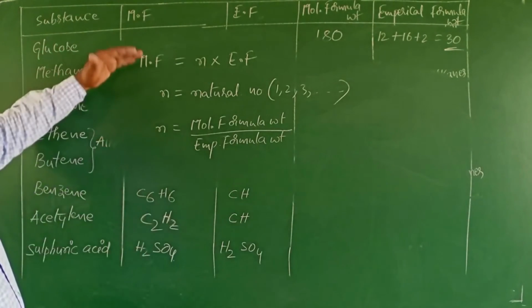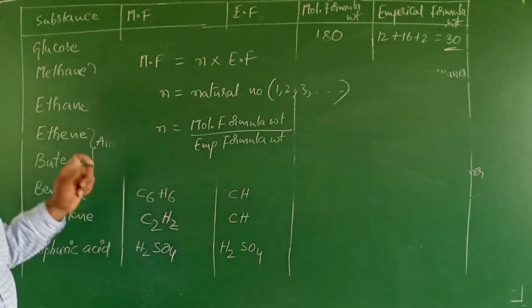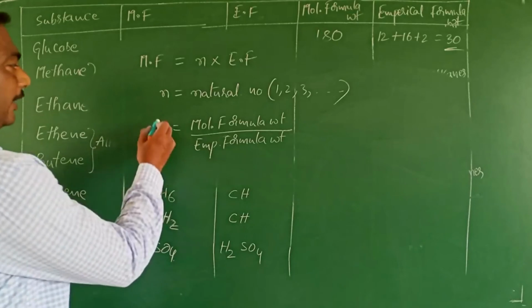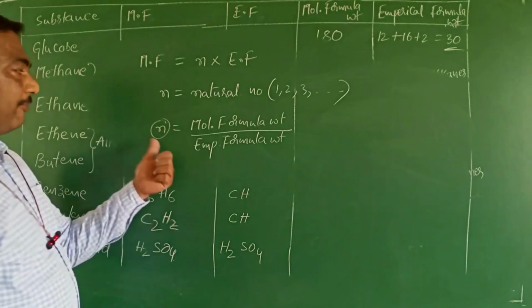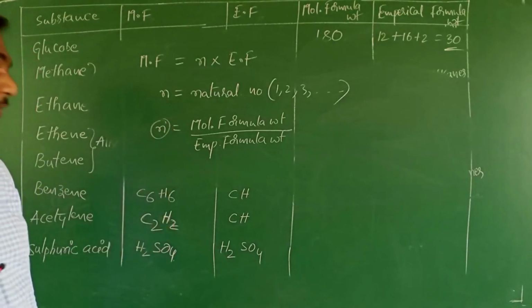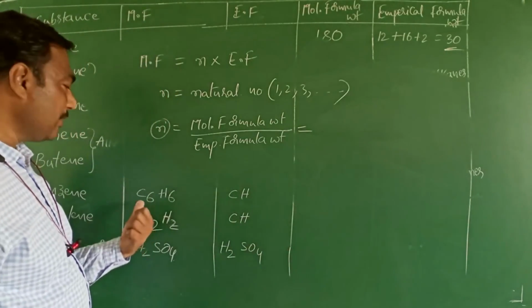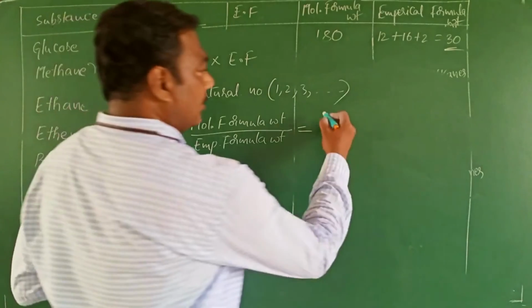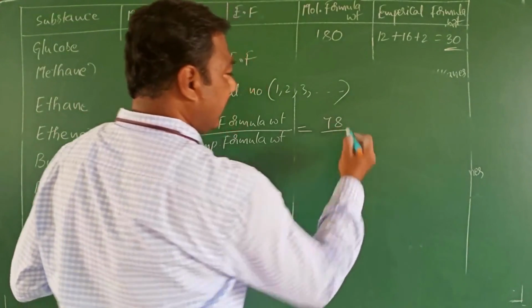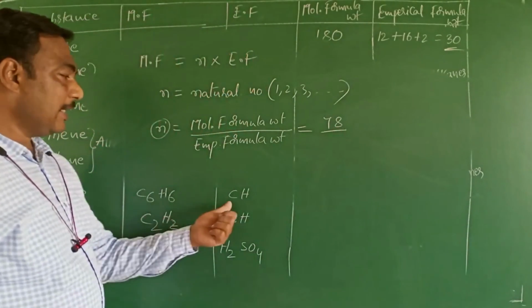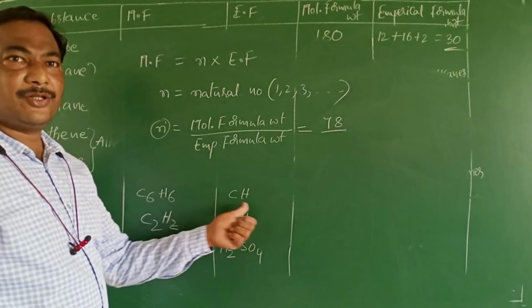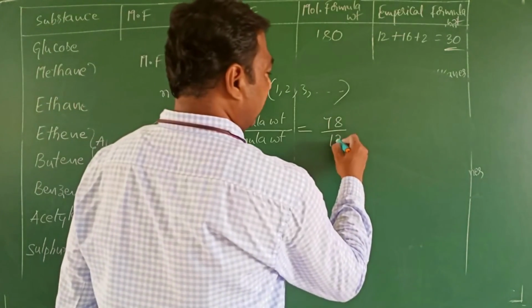Now we will calculate these relations with respect to benzene. I need to calculate what is the n for this benzene. Now n equals to, with respect to benzene, what is the molecular weight of benzene, students? Just now we have written it is 78. And what is the empirical formula weight? CH. 12 plus 1, that is 13.